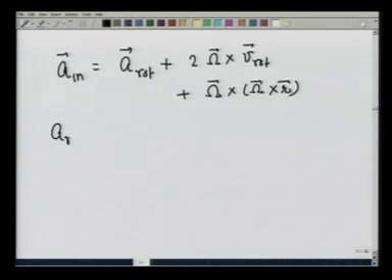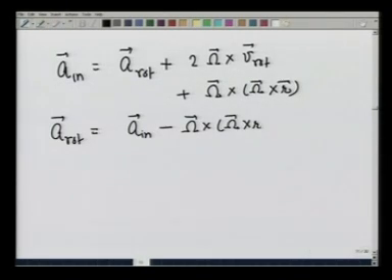Therefore, A as observed in the rotating frame is going to be A as observed in the inertial frame, minus omega cross omega cross r, minus 2 omega cross v rotation.